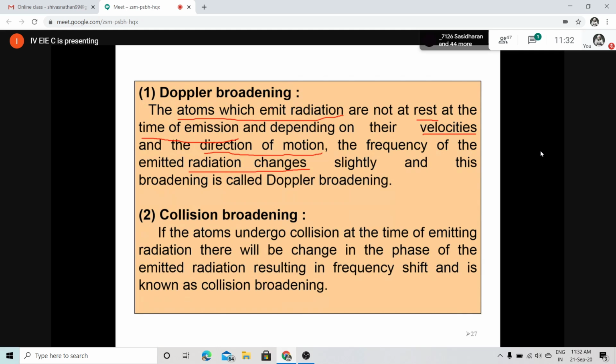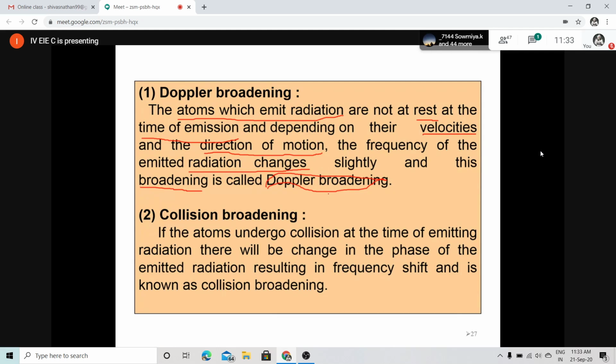Doppler broadening is about the atoms which emit radiation. These atoms, which are not at rest during emission, move with a velocity and direction of motion relative to other excited atoms which undergo emission.